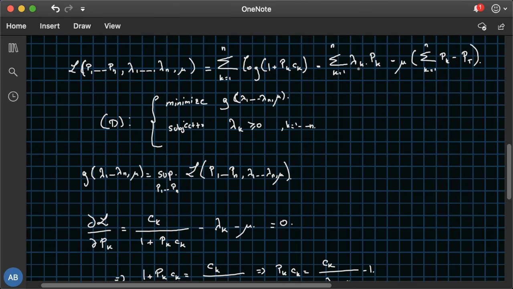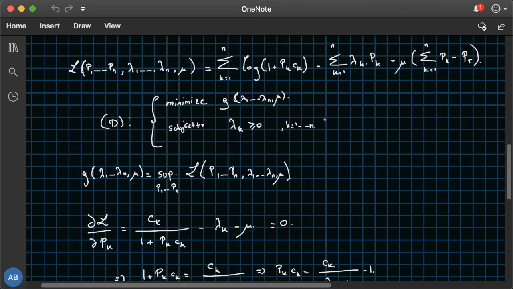Without loss of generality, we're going to choose all the lambda k's to be the same. Actually, we can just set all our lambda k's to 0. Since we guaranteed the pk's to be positive, I could just set all my lambda k's to 0.